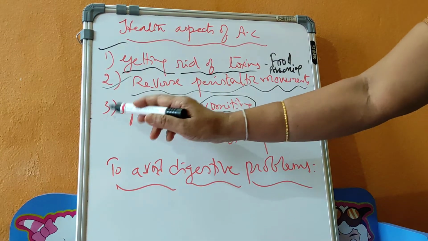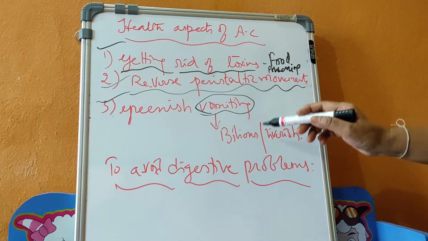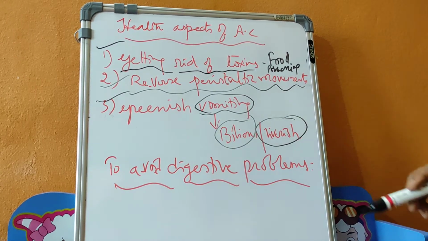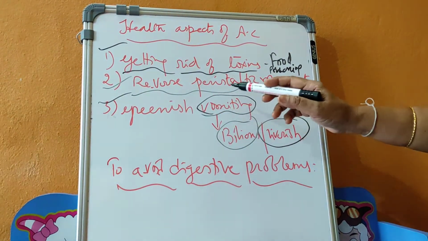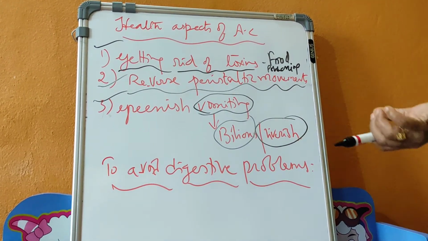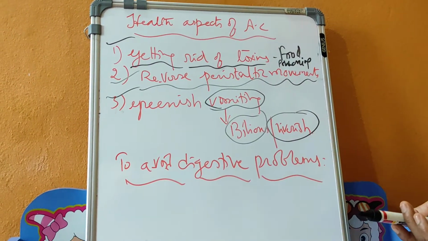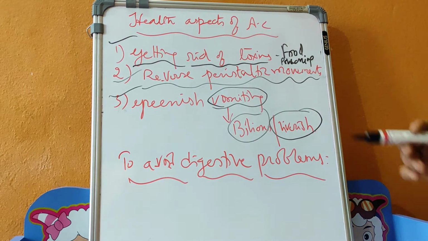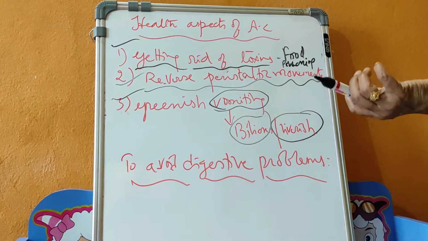Then we get this greenish colored vomiting. This is called bilious or liverish. By this we can say that because of the malfunctioning of the liver only, we get this problem. That means when we eat food in which the fats are more, generally when we eat food from outside, we get this problem, because outside foods use much spicy material and the oil quantity will be more.